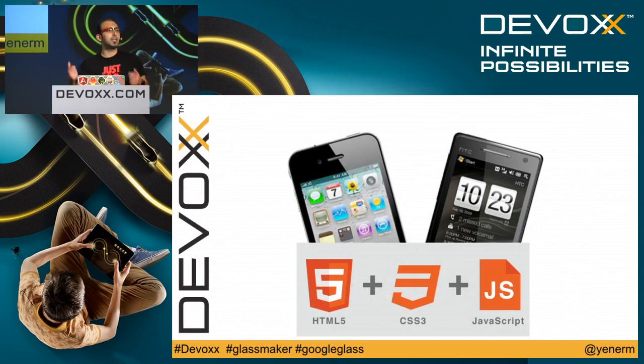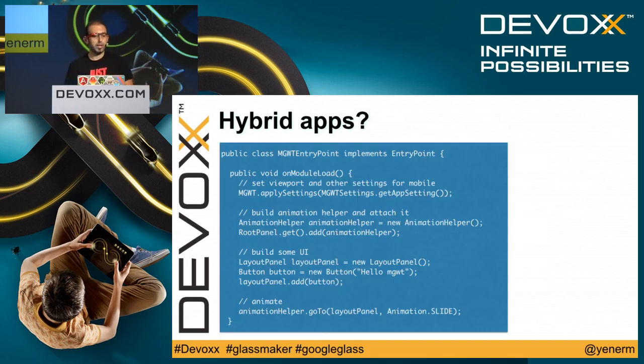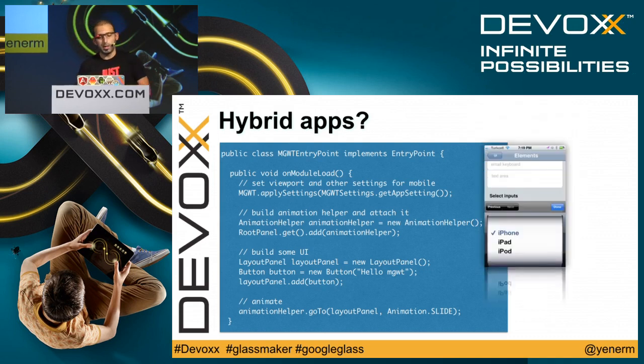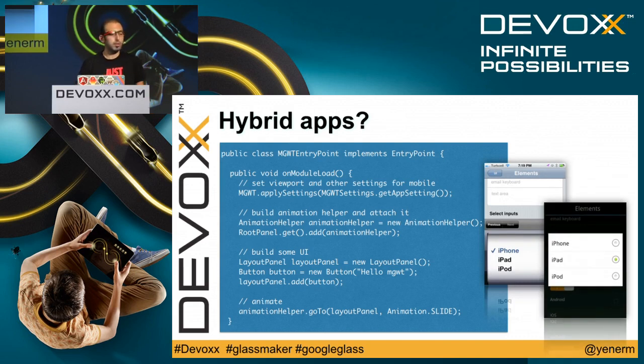This time I tried HTML on mobile devices instead of doing the native development. So I tried UI frameworks, other JavaScript frameworks to fix JavaScript, and some frameworks to not write JavaScript, like GWT. Actually, I found one pretty good. It was based on GWT and had mobile widgets, so you can have a native look.